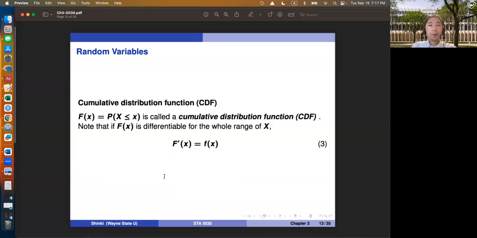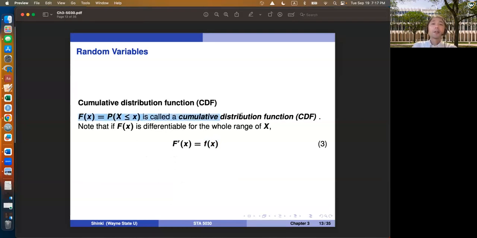And the cumulative distribution function. Okay, so we have the probability density function, the PDF f of x, but we can also consider the probability that x is less than some value. Maybe you can say the probability of x is less than a, but here we replace a by lowercase x.